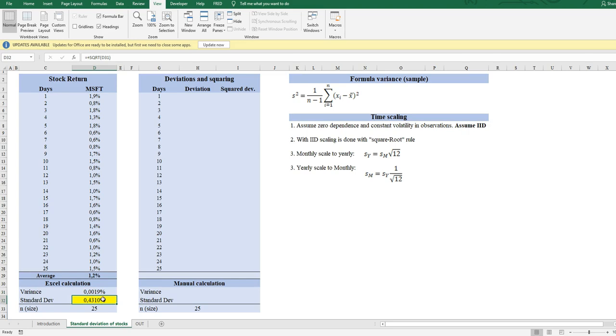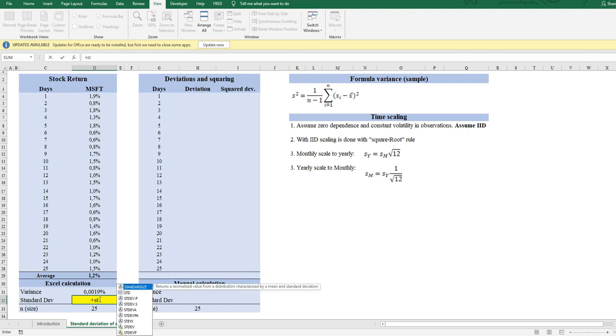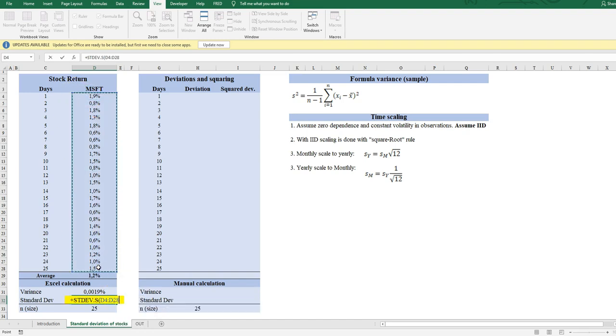So I take the square root of the variance here, but in fact also the standard deviation has a built-in function, and we will find it here. So it should give the same result, and it did.